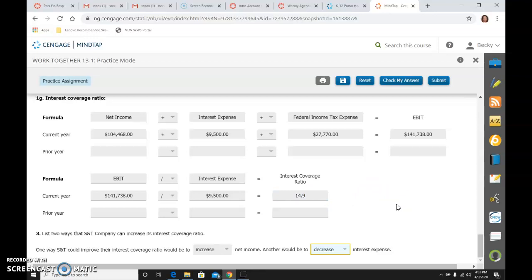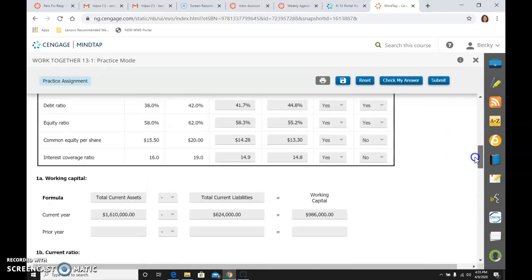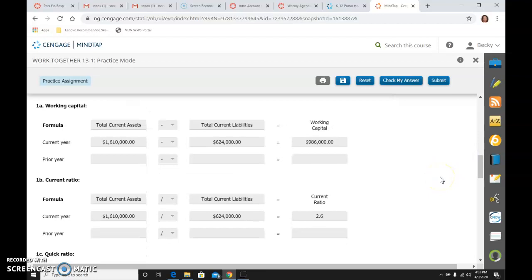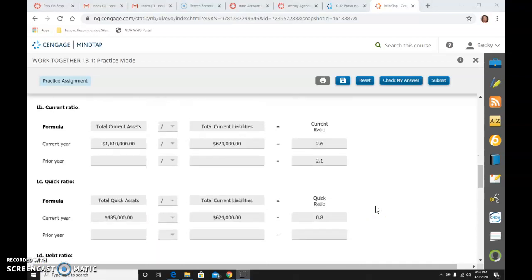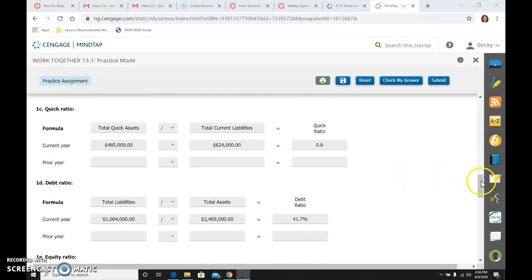I'm going to be quiet here and just move down so you can copy what you need to if you want each of these ratios. So we'll start with working capital and current ratio, which you can see, and do the prior year as well as you're going. So I have put the result in for that prior year now. So now I will go to quick ratio and debt ratio.